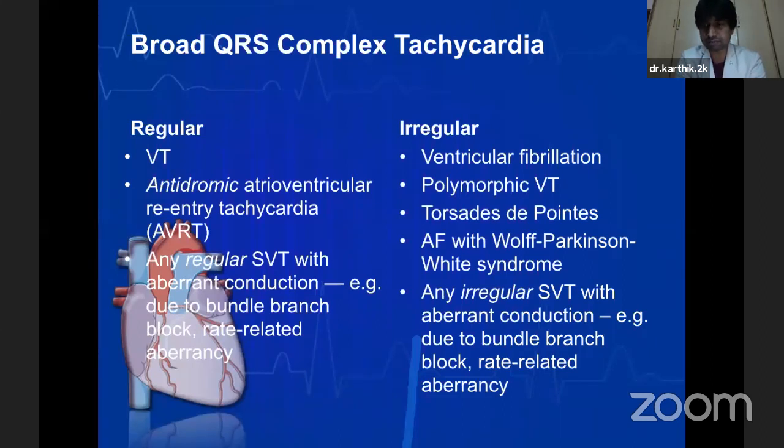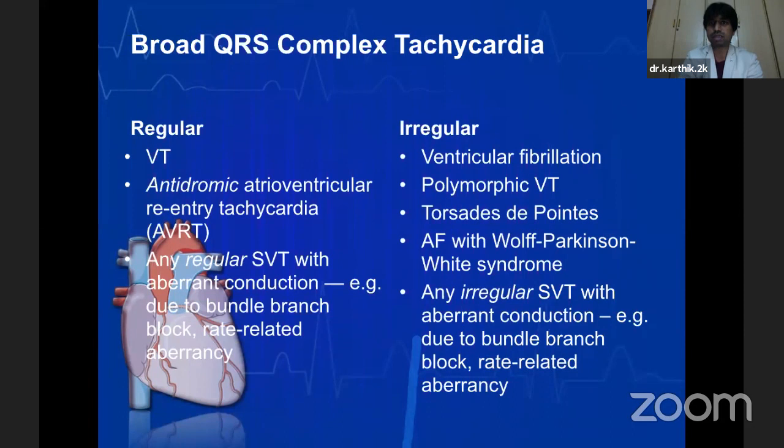In some instances, when there is a supraventricular tachycardia, the rate is so high that the bundle branches, that is either the right bundle branch or the left bundle branch, may temporarily cease to conduct the electrical impulses, resulting in rate-related bundle branch block, in which case again you can have wide QRS complex tachycardia.